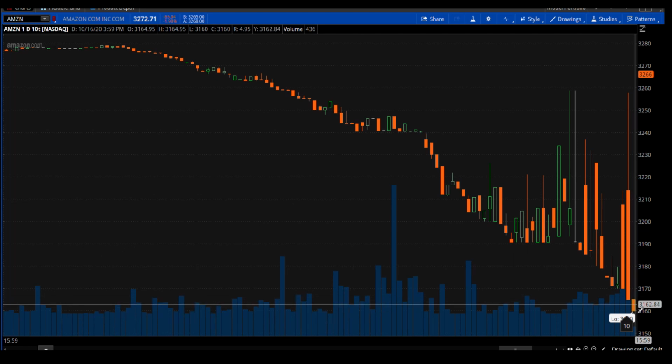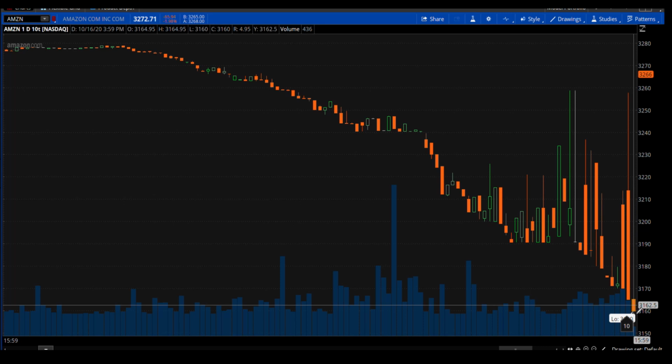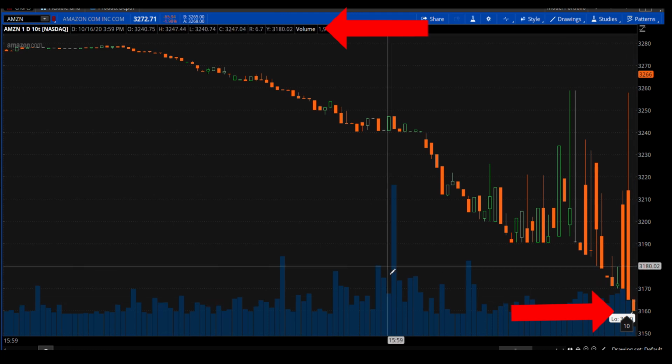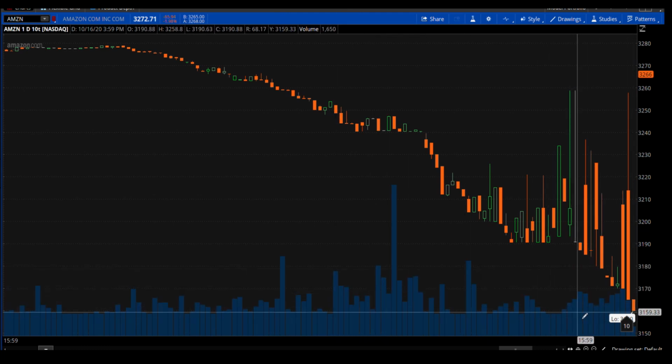And then the last sub-second trade between 31.60 and 31.64, 436 shares traded down here. So this is a huge, massive swing. You can see all the volume in there. So there was real trading happening down in here in these sub-second increments.